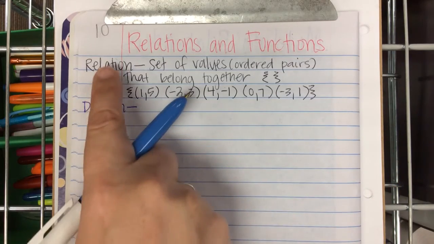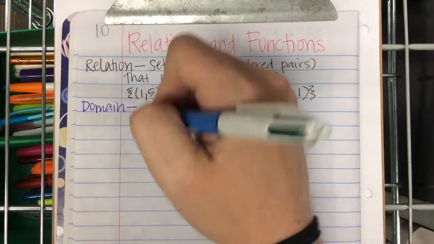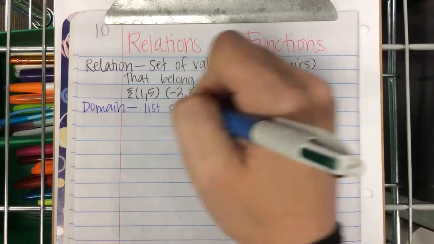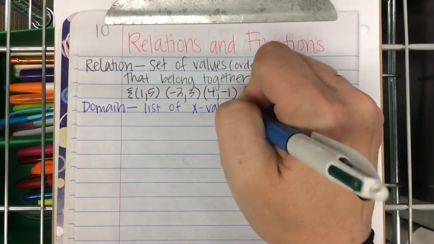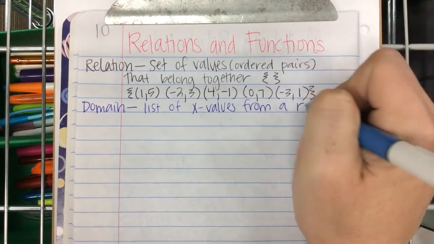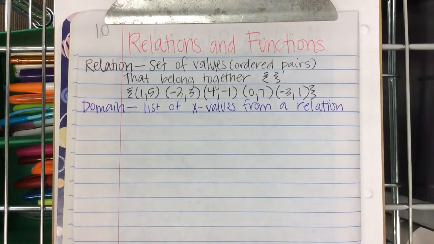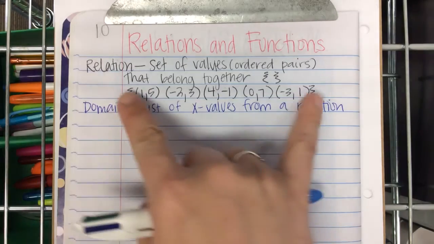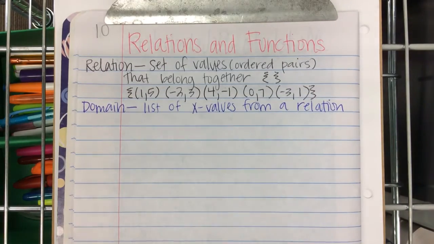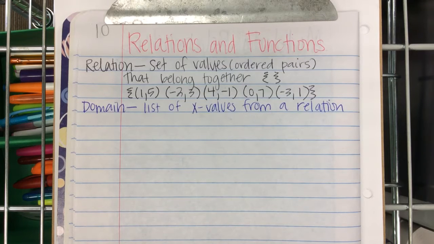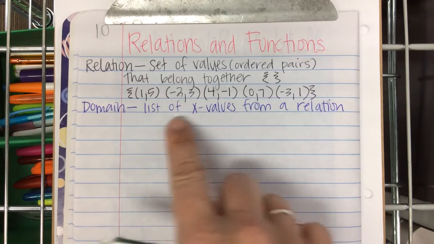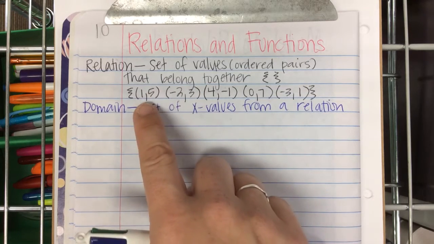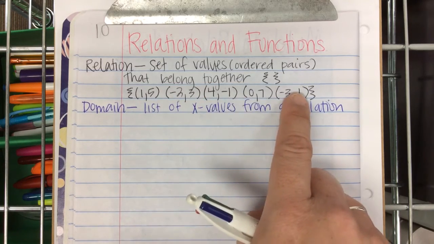The domain in a relation is a list of X values from a relation. So I look at my relation and it may say list the domains. So I look at my relation and my domains are my X values. 1, -2, 4, 0, -3.